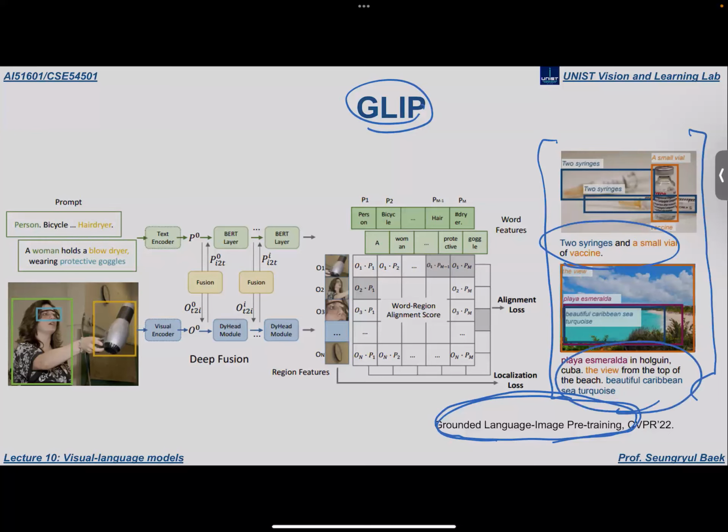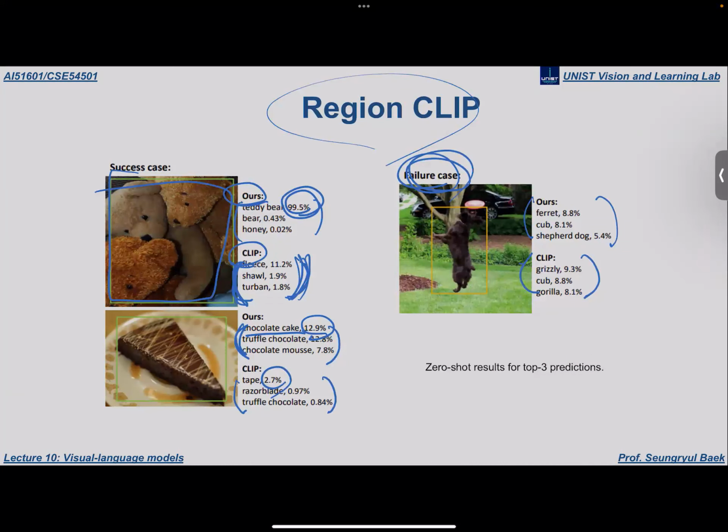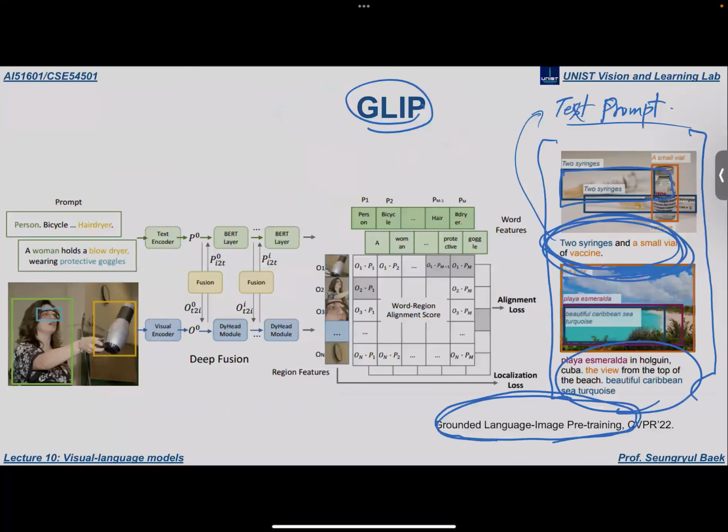They want to generate some object masks. This is their text prompt, which is some sentence. In CLIP or RegionCLIP, they rather use a word, but in GLIP, the text prompt is a sentence, and from this sentence they want to generate bounding boxes related to some word in the sentence.